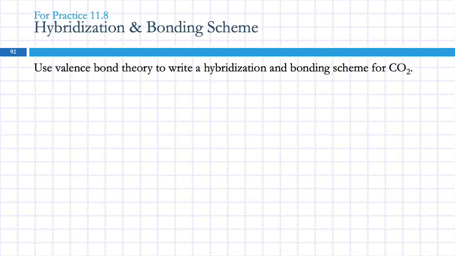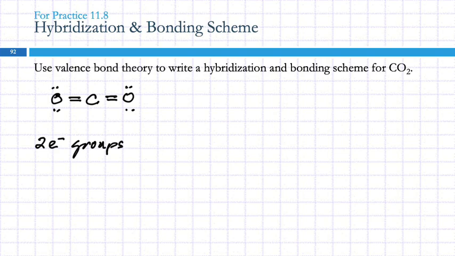CO2. Okay. I'm going to get the Lewis structure out here. How many electron groups? 2. 2 electron groups tells me I need to hybridize how many orbitals? 2.